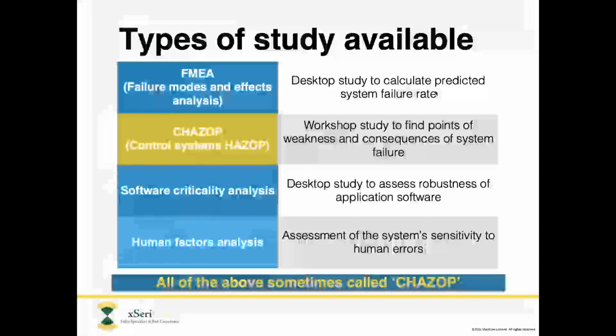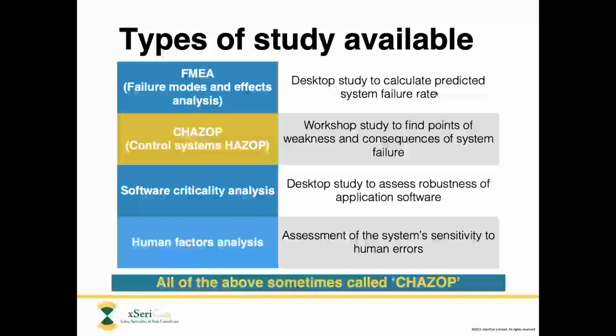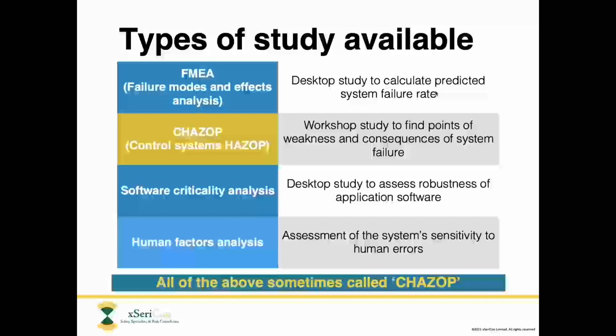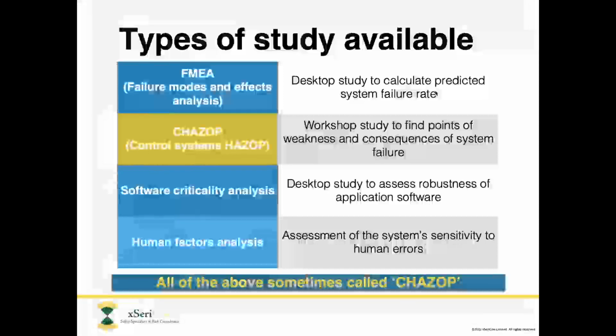That would be an assessment to determine, first of all, how robust is the application software for a specific process application in terms of how well it has been designed and developed, and to try to assess the consequences of software failures in order really to decide how much effort we need to go into in order to confirm that the software is as accurate, as correct as we can get it.